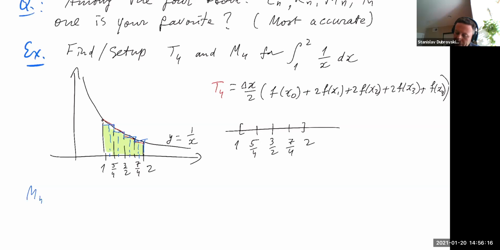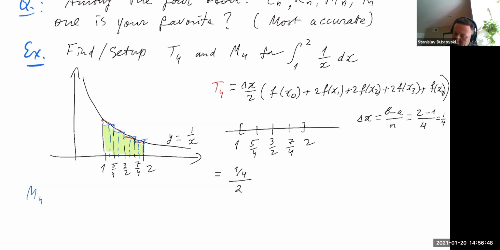Now we can plug things in, and we see that, what is delta x? Delta x is 2 minus 1. Even if we start with b minus a, maybe that's better. b minus a divided by n. b is 2, a is 1. Divide by 4. So we have 1/4. And that 1/4 that we plug in has to be divided by 2, right?